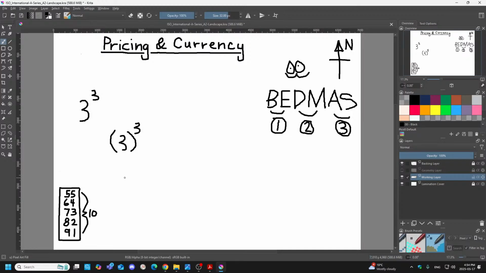It also means the same number times the same number times the same number, 3 times: 1, 2, and 3. So you're taking whatever number is inside and multiplying it by itself 3 times. If this was a 4, then you would be doing it another time. That's exponents in a nutshell.